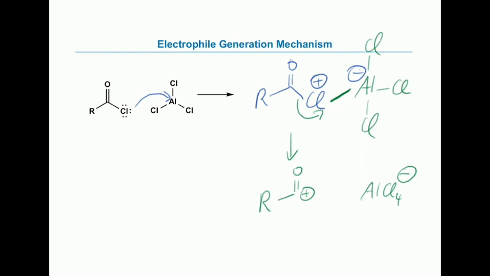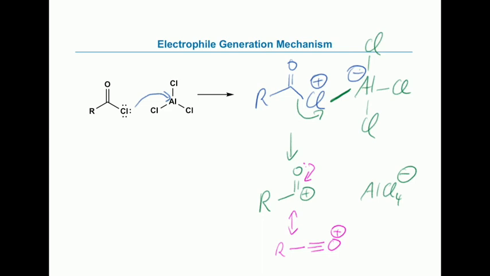This guy, you can think of it as resonance stabilized. Like this. This is what we call the acylium cation. It's related to things like our nitronium cation, positive nitrogen.